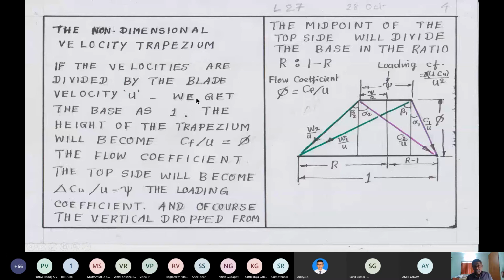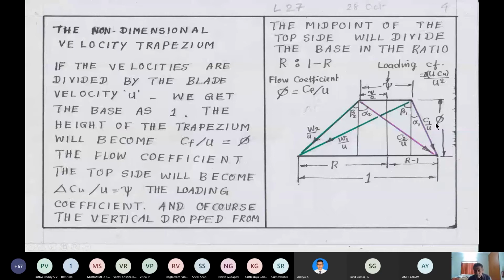I divide each of the velocities by U so that the base will be 1, since U divided by U is 1. This height is actually the flow velocity Cf, and Cf divided by U will give me the flow coefficient phi. Okay, this will become the flow coefficient.